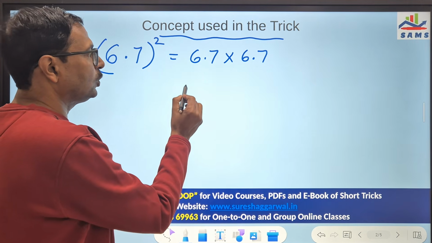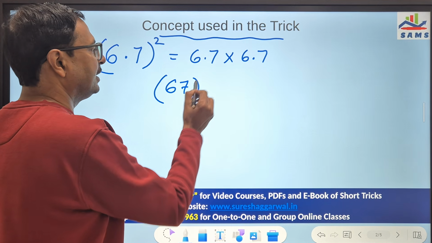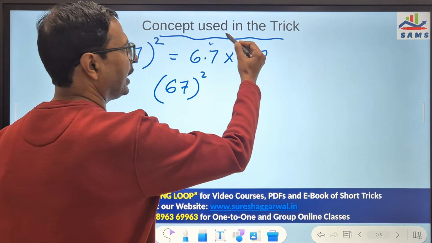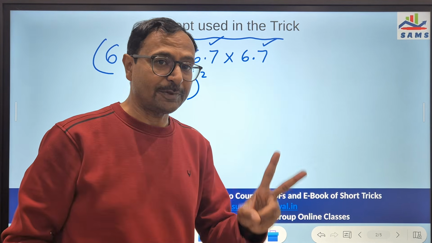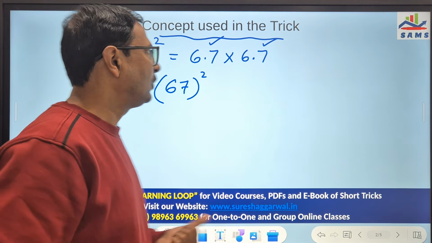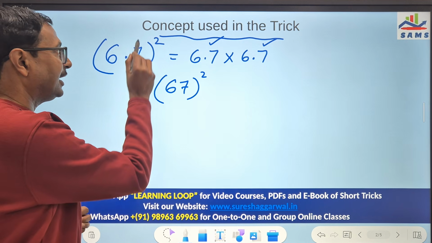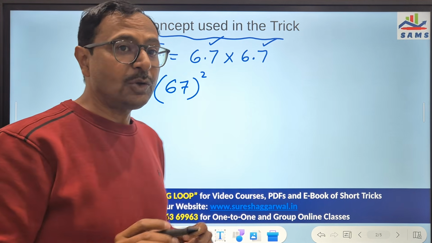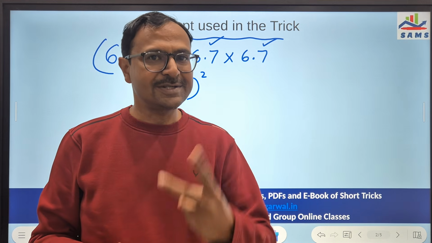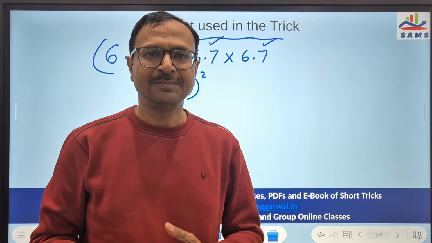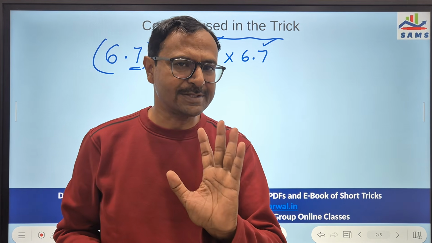So if you can do 67 square, you just have to put a decimal 2 digits from the right hand side. If the number contains 1 digit after decimal and you are squaring that number, then your answer will contain 2 digits after the decimal, right? So that is the elementary concept.